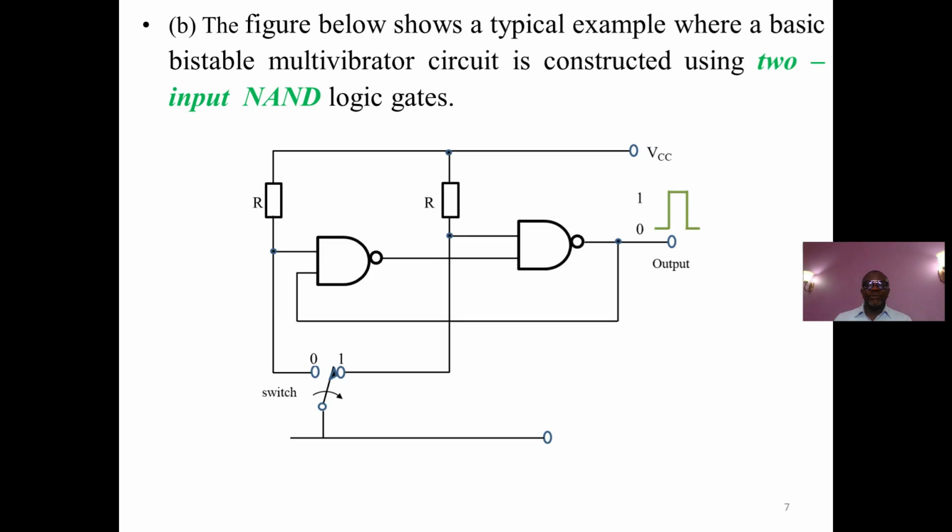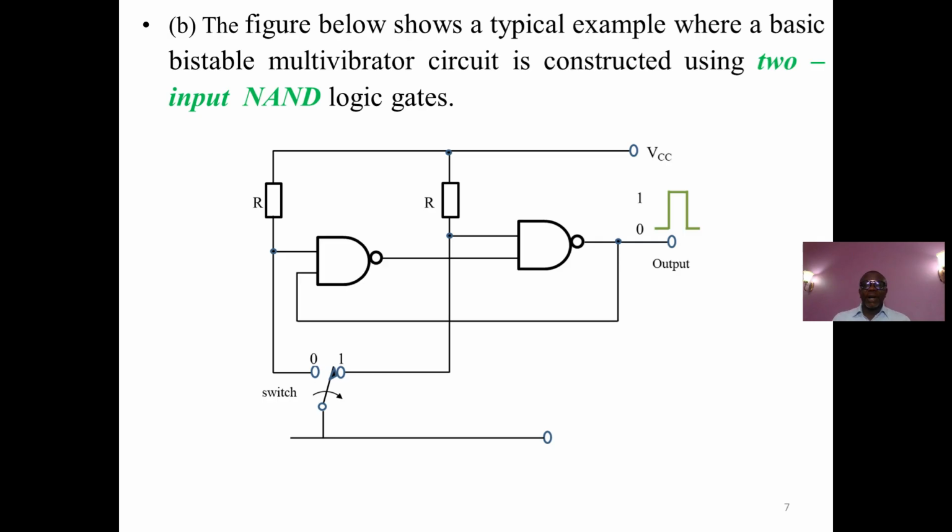Part B says use 2 input NAND gates to design it. If you look at this circuit, you see 2 NAND gates with 2 inputs. As you toggle the switch between 0 and 1, the signal rises to 1. Assuming you start with your switch at 0, the signal remains at 0.